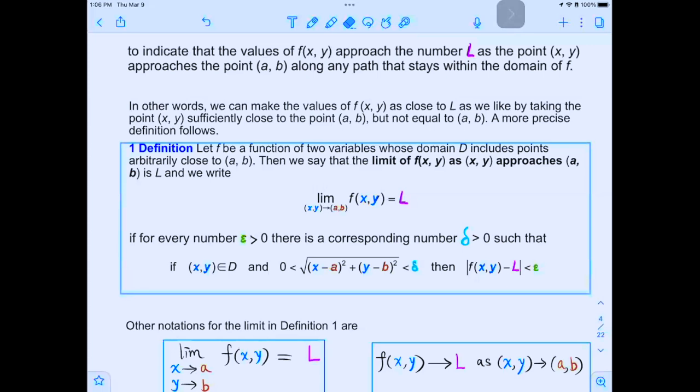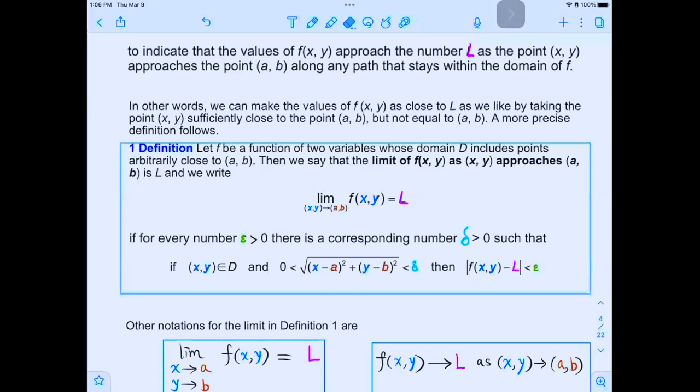actually, let's think about the goal here. So what do we want? This one says that you want this to be close to this number, for any epsilon. For example, if you want this to be within 1 unit away from this number, then the 1 here is the epsilon.